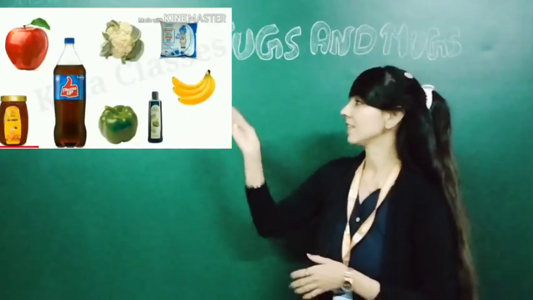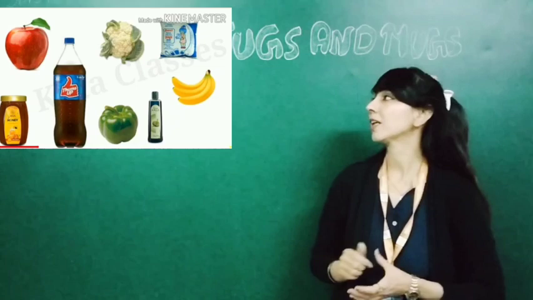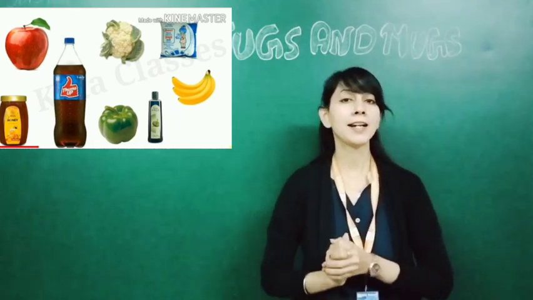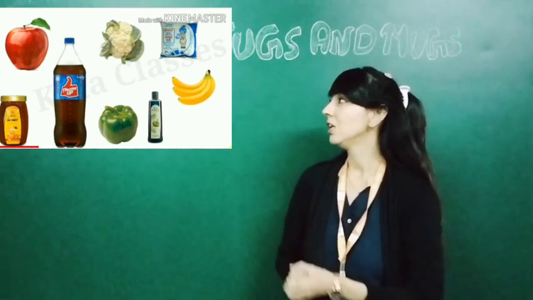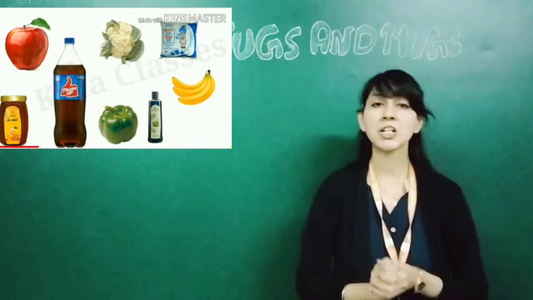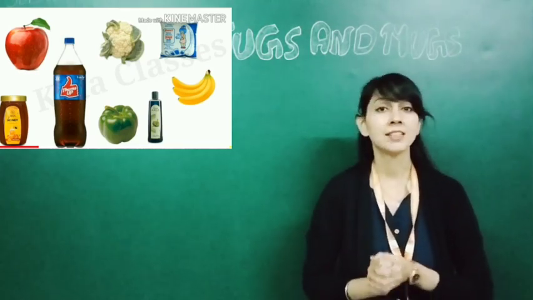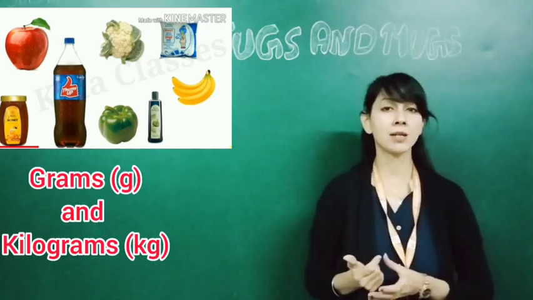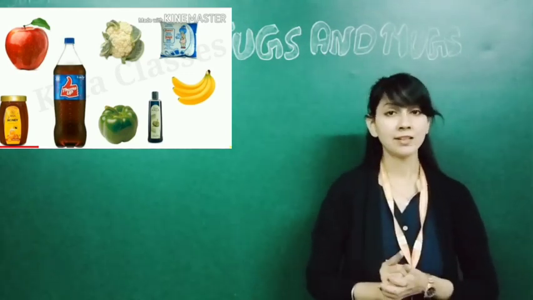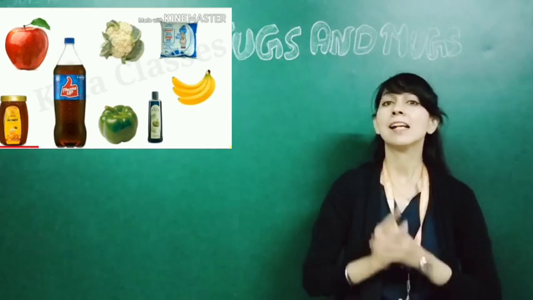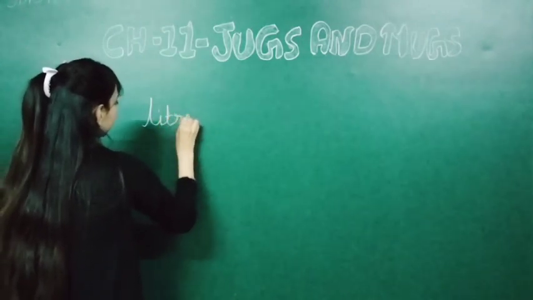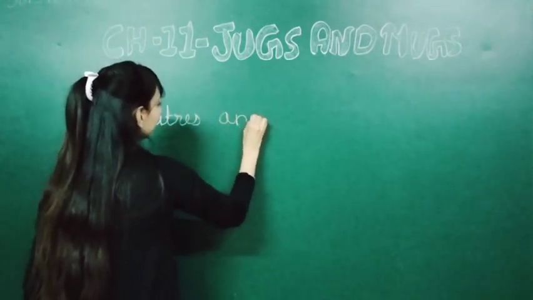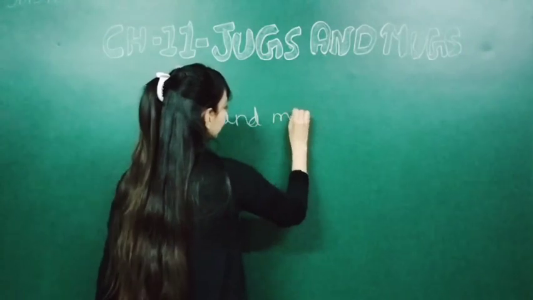Now here you can see a picture. In this you can see some solid items and liquid items. Now solid items are measured in which unit? Yes, grams and kilograms. And liquid items you can find are measured in liters and milliliters.